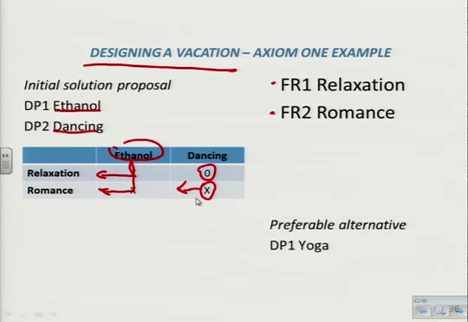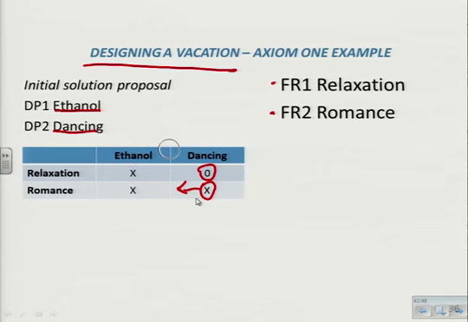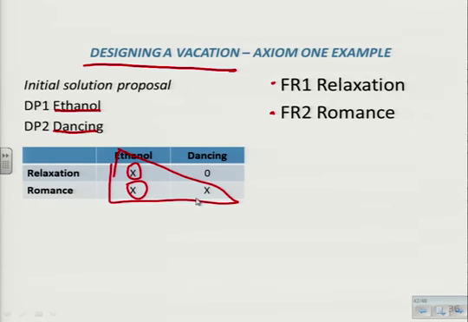Now, in fact, the situation could even be worse. So what this is implying, again, we've got what we referred to before, remember, as a triangular matrix. And so what this implies first is that I need to take the ethanol so that I'm relaxed, and then this could have a negative impact on the romance, and then I've got to correct that with dancing.